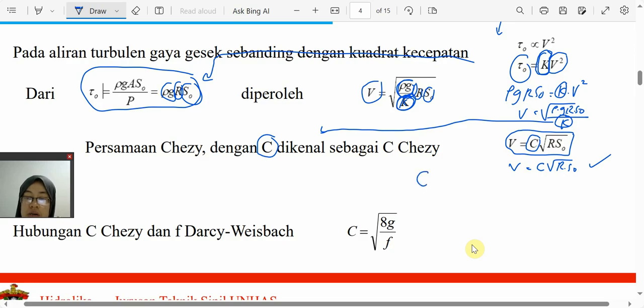So C is for Chezy, and we will learn another one in the next slide.